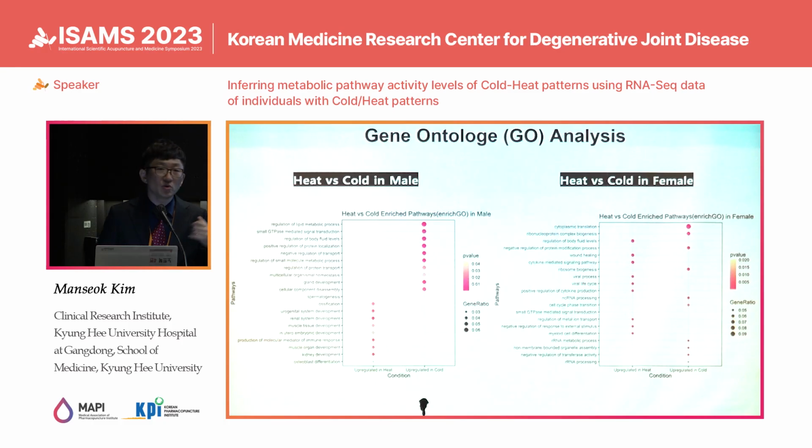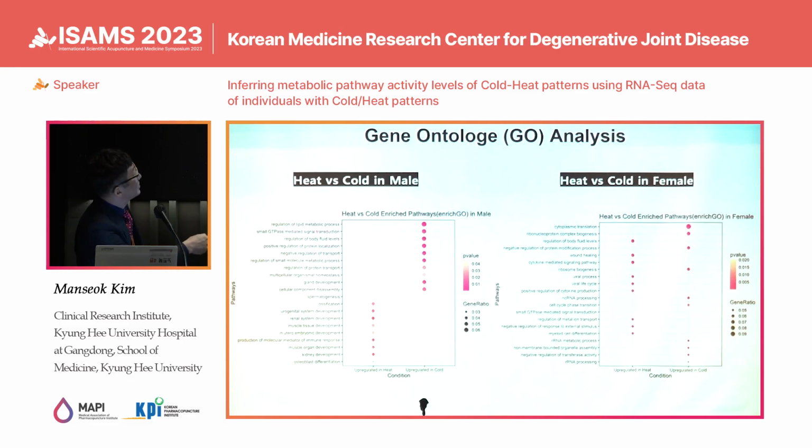Then, using those significantly differentially expressed genes, we were curious about what kind of known signaling pathways were associated with them. So we performed a basic analysis called gene ontology analysis and got a list of known signaling pathways like this.